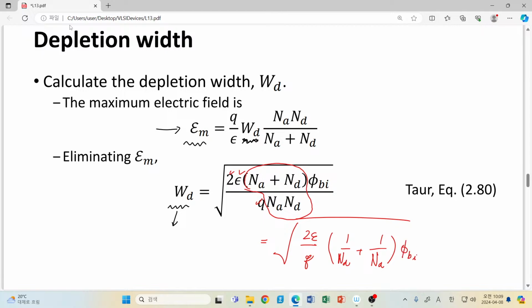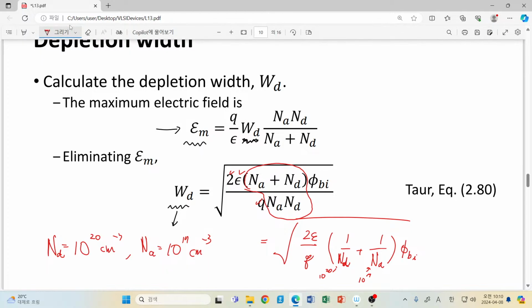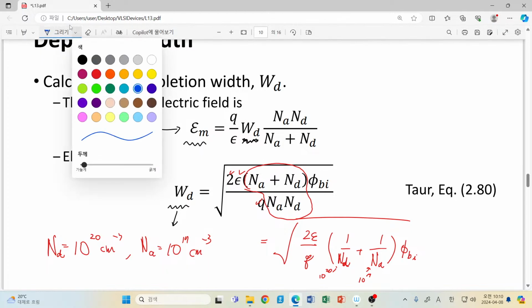So simply speaking, now introduce more realistic values like Nd equal to 10 to the 20 per cubic centimeter and Na equal to 10 to the 17 per cubic centimeter. Then which term decides? If you have, for example here, Nd equal to 10 to the 20 and Na equal to 10 to the 17, then since this Nd term is 1000 times larger than the Na term, actually it does not contribute.